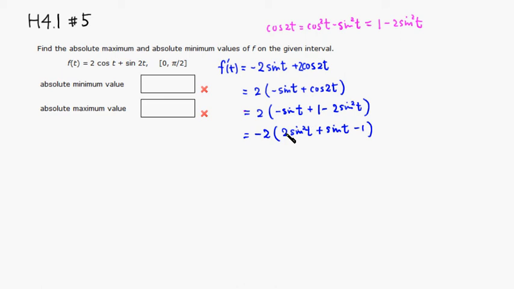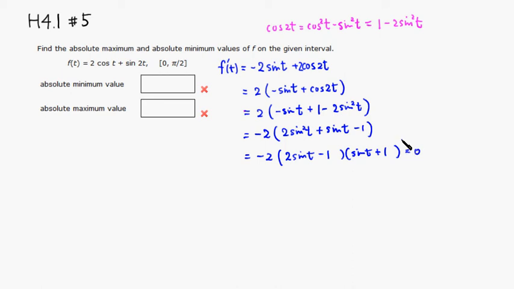Then we can factor this: 2 sine of t, and sine of t. We need a positive sign, so it's going to be plus 1 and a negative 1. Would that work? Negative 1 times positive 1 is negative 1. 2 times 1 is positive 2, plus negative 1 times 1 is negative 1, which is positive 1. So this works out. Set that equal to 0.